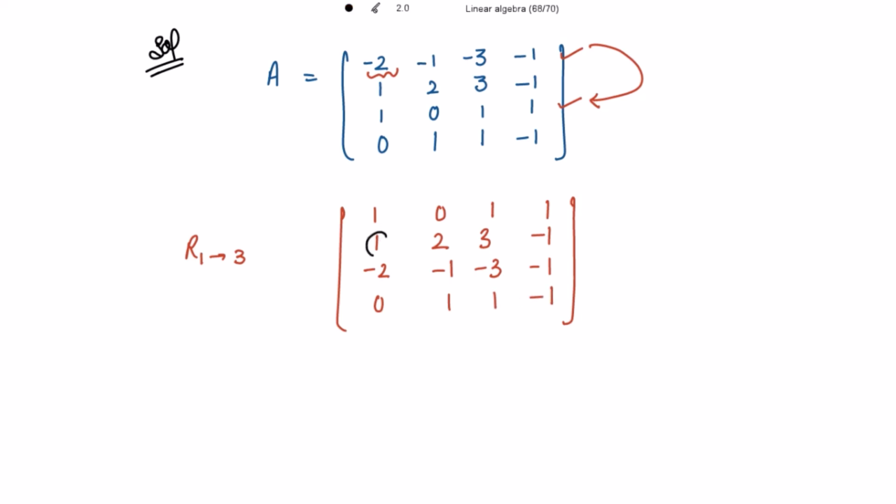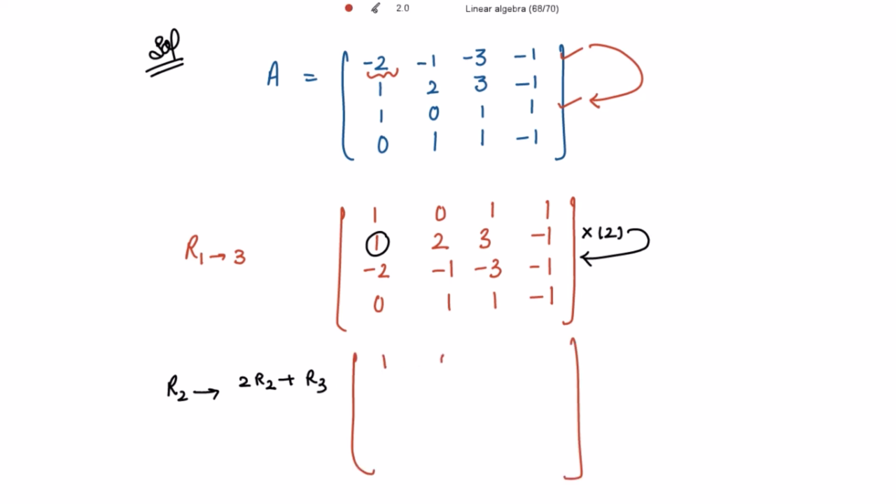I need to make this to be 0. For that, let me multiply the second row with 2 and add the elements to the third row.